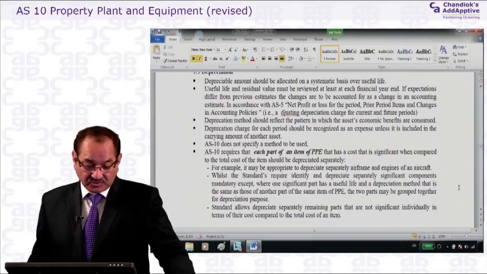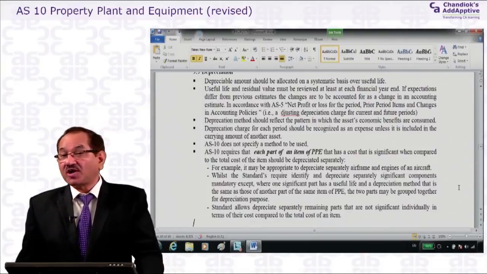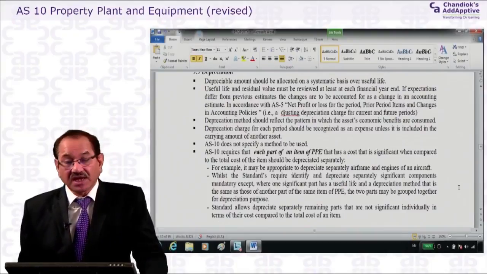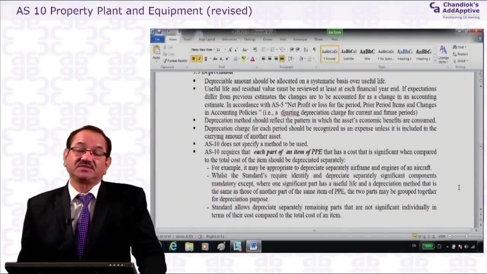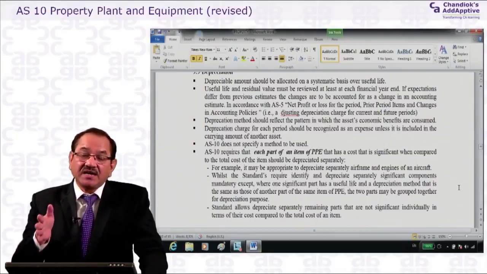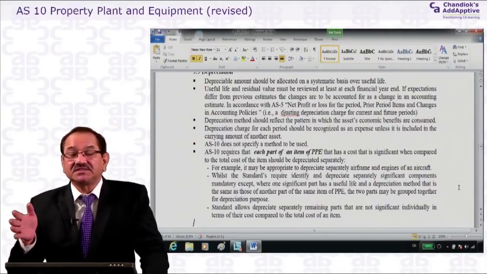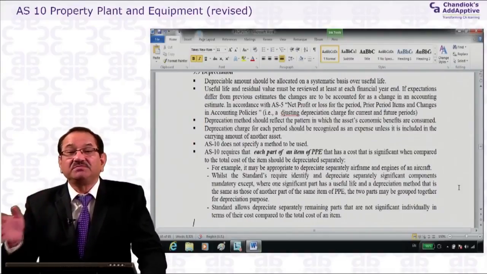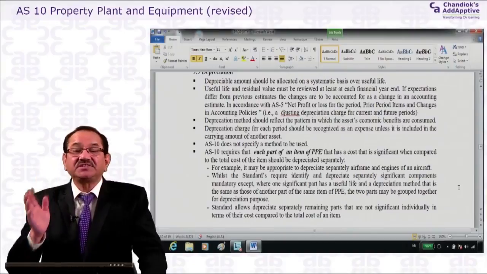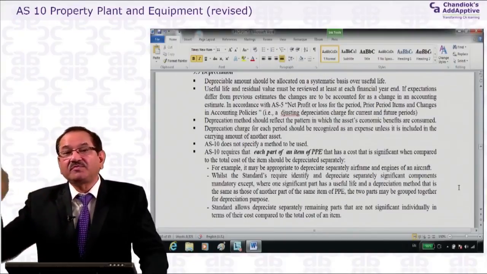Dear student, whenever we talk about significance, materiality is the fundamental concept in accounting for applying the accounting principles. These principles are to be applied by businesses, the companies who run their business for profit, not non-profit organizations.